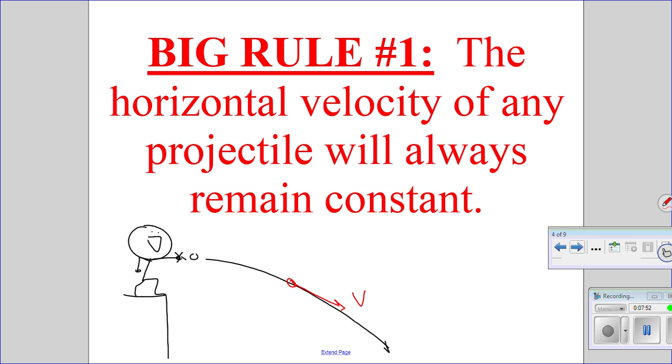All right? But the idea is, at that instant, the ball is moving both horizontally and vertically, right? So if I draw a little arrow this way that extends as far to the right as my original arrow, I can label that Vx. That's my horizontal velocity.